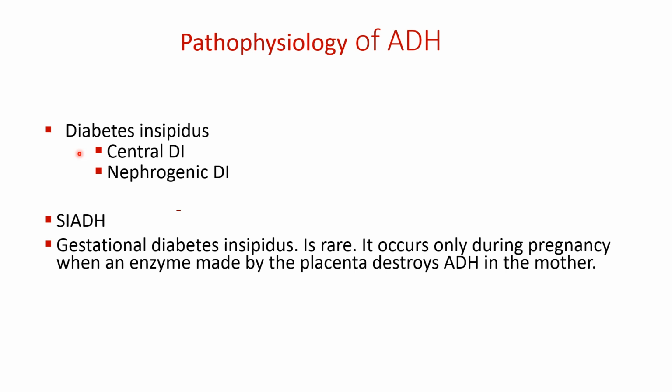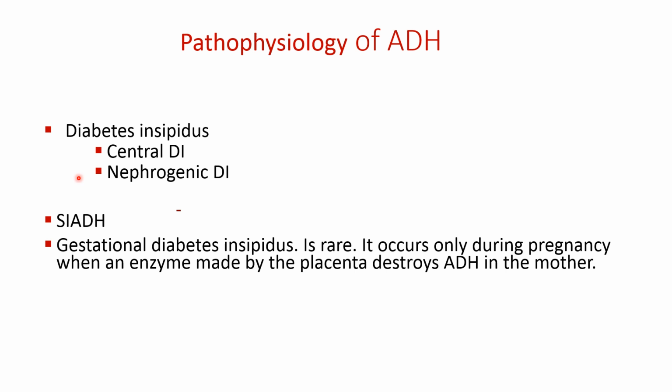Sometimes it's caused by problems within the hypothalamus particularly, and that's why we refer to it as central diabetes insipidus. At times the ADH is there, the posterior pituitary is fine, the neurosecretory neurons are fine, but the problem is maybe a mutation in the receptors of the distal tubule and the collecting duct of the kidney.